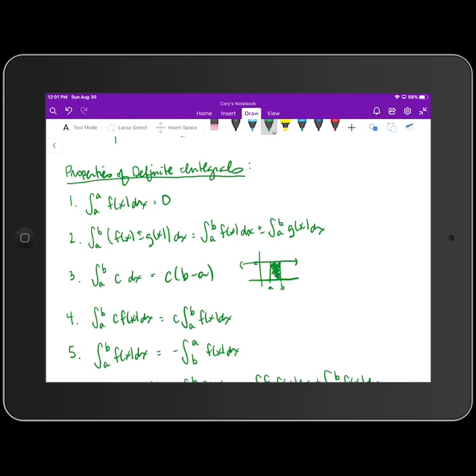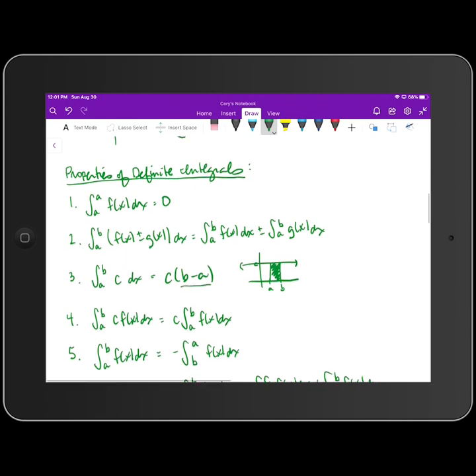If we want to calculate the area of that rectangle, the length of the base is the length of our interval, which is b minus a. And the height of that rectangle is the value of the constant, which is c. So when we take base times height, that's b minus a, which is the base, times the height, which is c.